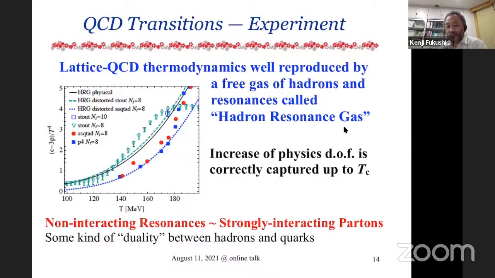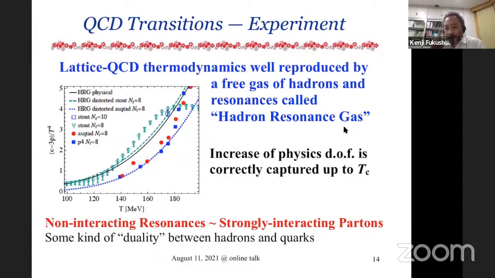So no fitting parameter at all, but as a function of temperature, the thermodynamics, the energy, the pressure or internal energy increases corresponding to the deconfinement phase transition, at which you have more and more physical degrees of freedom, and such behavior is correctly described by the Hadron resonance gas.